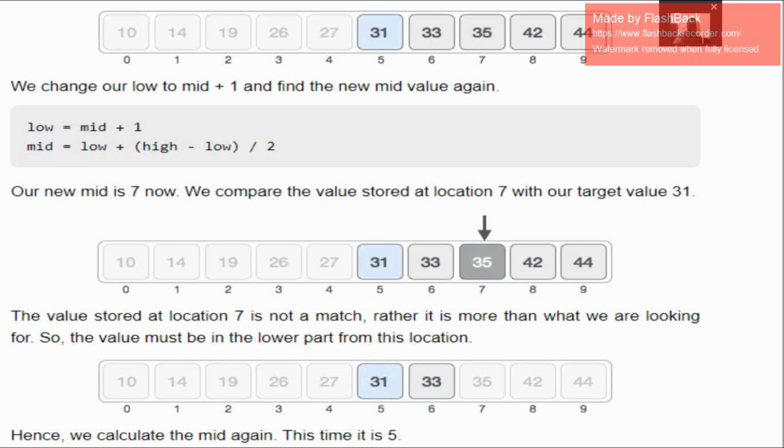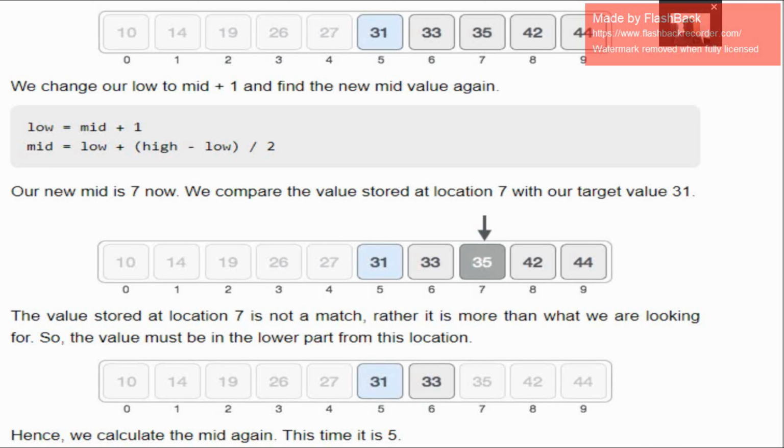So our new mid value is now 7. We compare the value stored at location 7 with 31. The value at location 7 is not a match; rather it is more than what we are looking for.